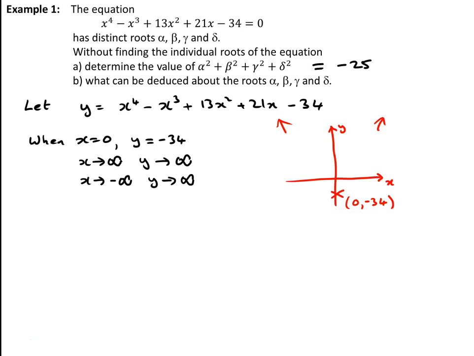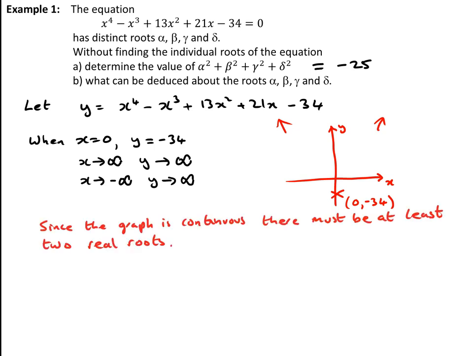Now, the roots of x to the 4 minus x cubed plus 13x squared plus 21x minus 34 equals 0 will correspond exactly to the places where the graph crosses the x-axis. And we can see that there are going to be at least 2 such points, because the graph of y equals x to the 4 minus x cubed plus 13x squared plus 21x minus 34 is a continuous graph.